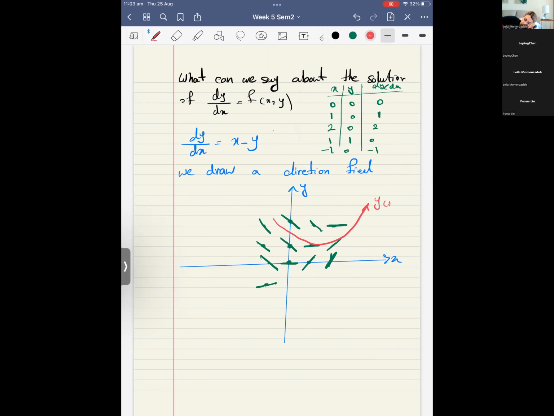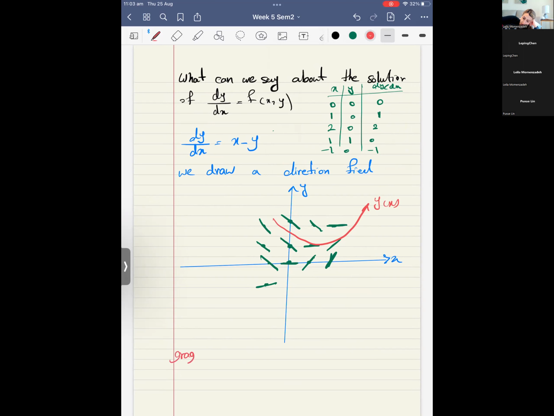This is the direction field of x minus 1, and if you plot this by computer, it shows you a better graph.